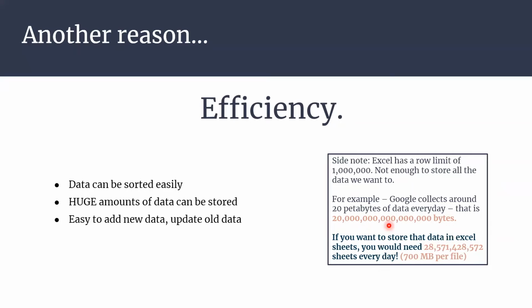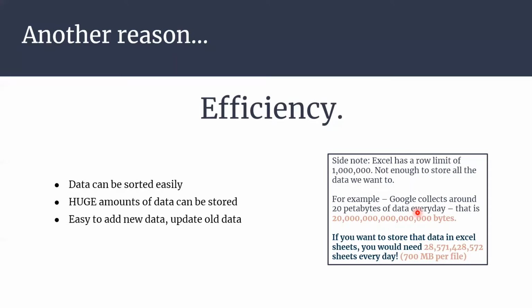This calculation is done assuming that you store about 700 MB per Excel sheet. So that's 28 million every single day, which is a huge number, and it's just not feasible. That's why databases are used, because you can store huge amounts of data and you can retrieve it and access it very easily.